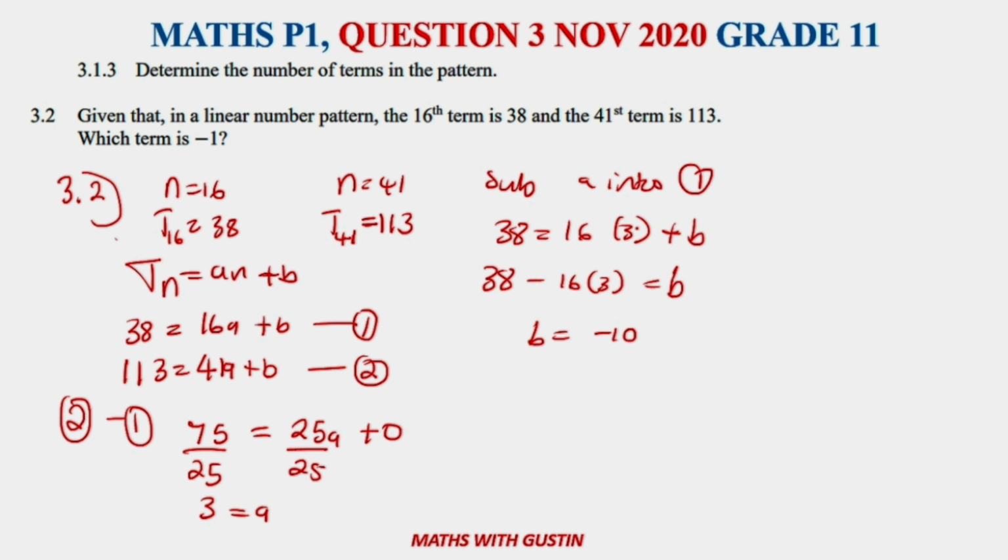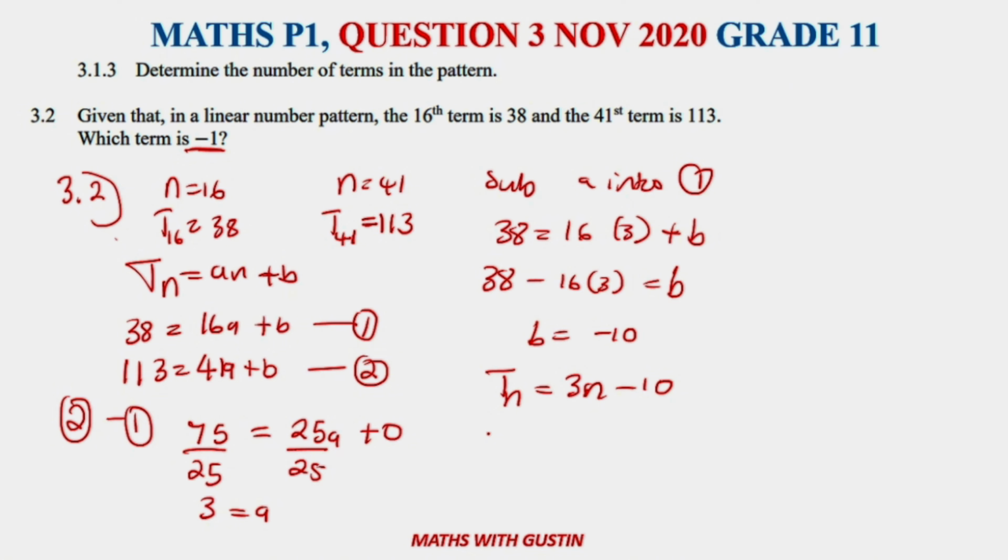Having that, what did they ask us? They asked which term is negative 1. We are given that Tn is equal to 3n minus 10.